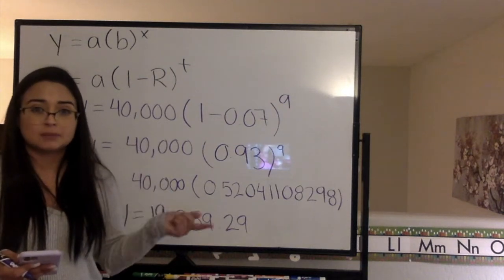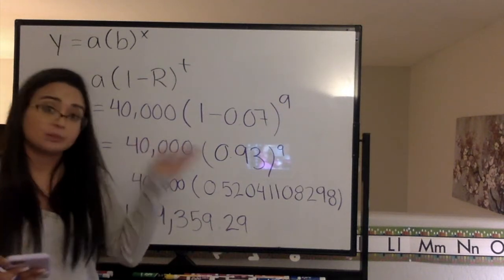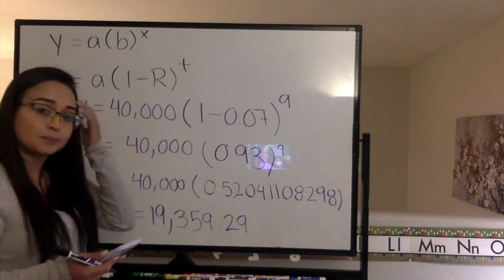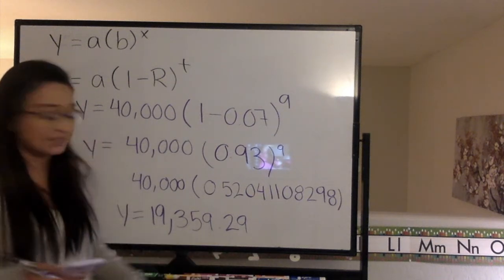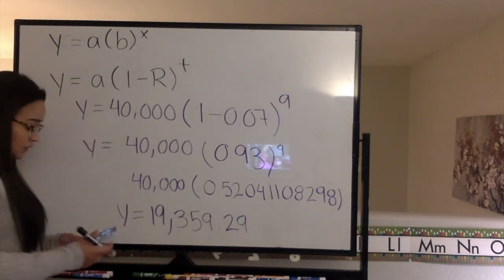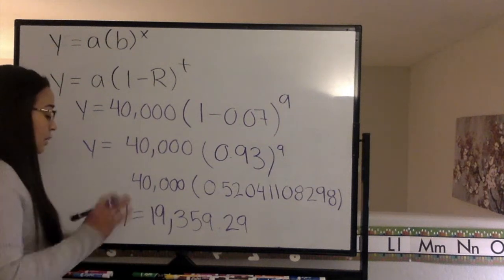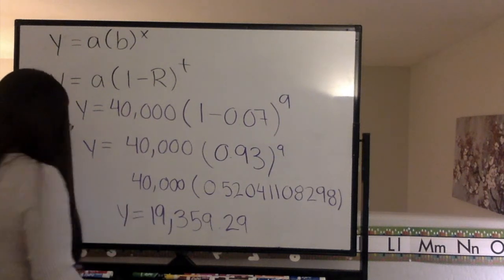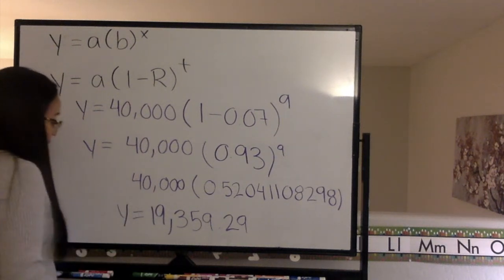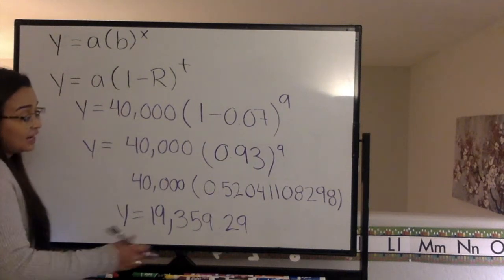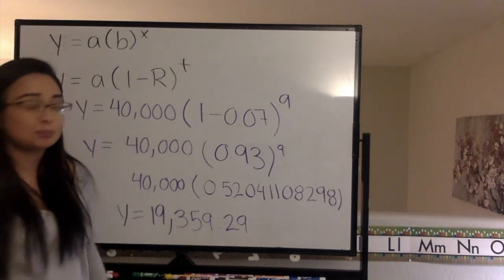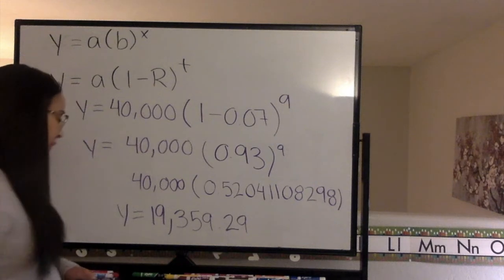So I just kept it down to 29. If it was 5 or above, I would have rounded it up, but just kept it at 29. So that's just an estimate about roughly what the vehicle would be worth 9 years after it was purchased. Okay?